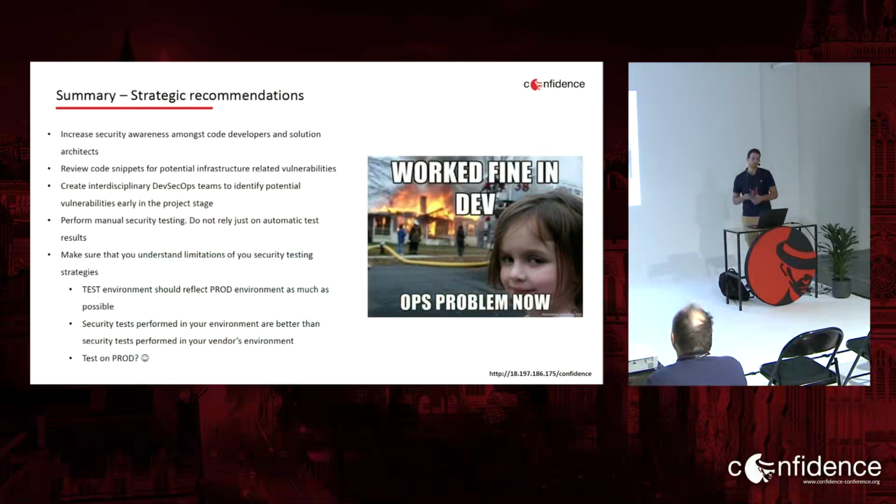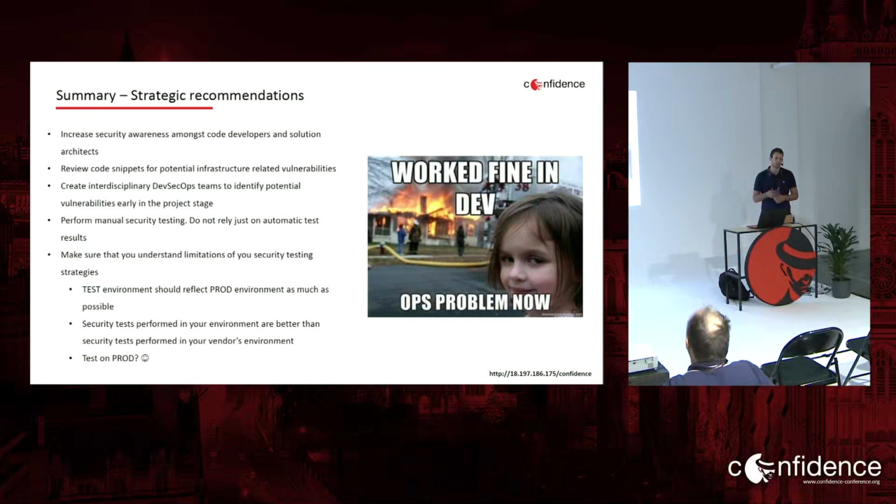Okay, so strategic recommendations coming from this presentation. First of all, increase security awareness among code developers and solution architects. I think that's quite obvious, but what is quite important is that if you are able to discuss all the changes with them and discuss potential impact, they will understand your concerns and somehow help you with that. You should also review code snippets if you use some.